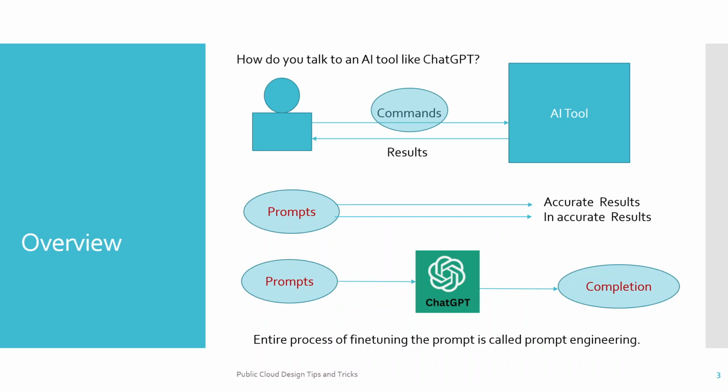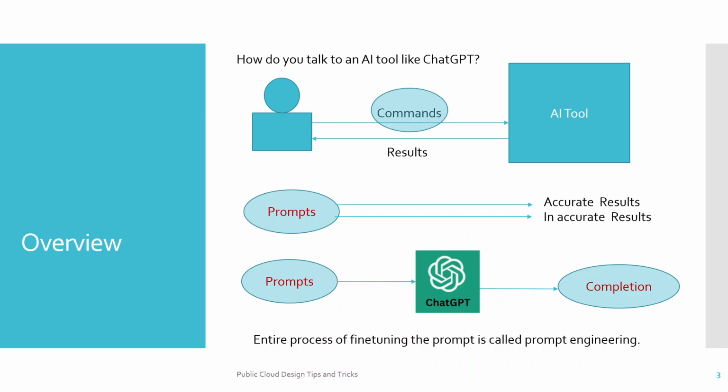Now if you see how ChatGPT works, you have to pass a set of prompts to ChatGPT based on what you need. Once ChatGPT interprets those prompts, it comes up with answers for the user, and that is called completion. The entire process of fine-tuning the prompt is called prompt engineering.